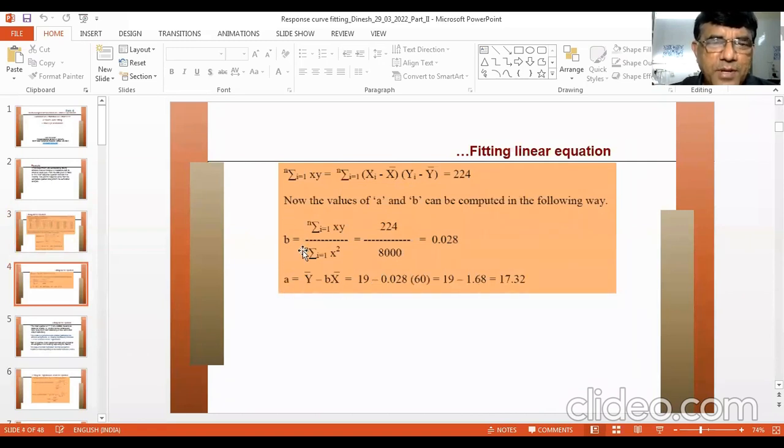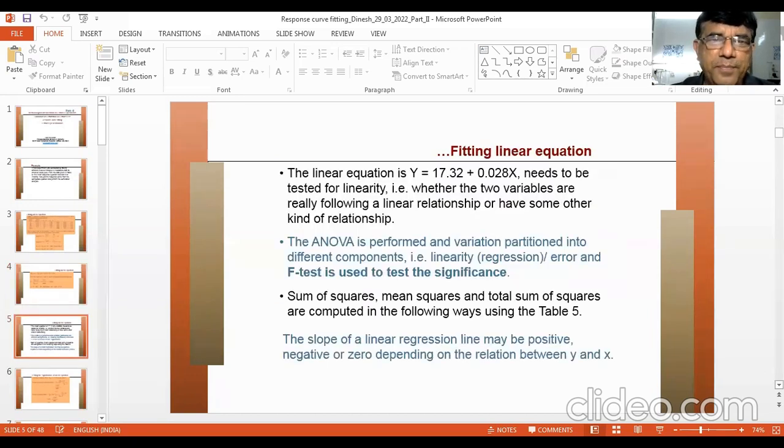First you calculate the value of b, summation xy upon summation x square, and then the value of a simply by difference, y bar minus b x bar. With this relationship, you can work out the value of a. Now you put these values in the equation, and you must remember these formulas for the value of b and the value of a. You may get one small numerical on this in your exam.